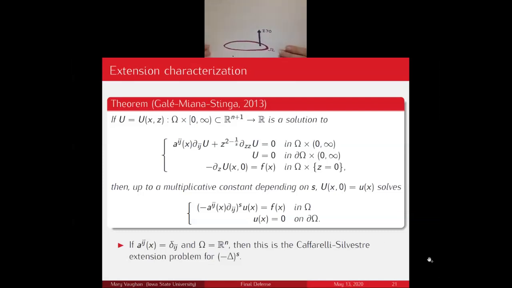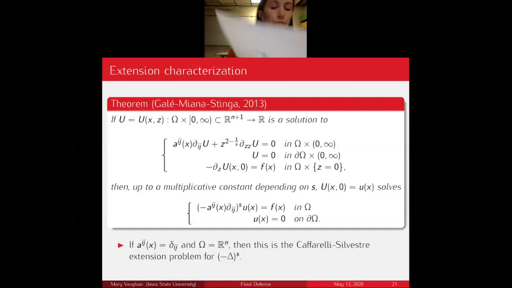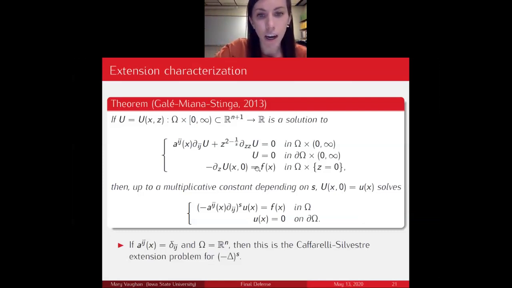So the idea is, you take your domain omega and you extend it by one dimension using the variable z for z bigger than 0. And we prescribe our normal data, our derivative with respect to z, at z equals 0 to be this function f.